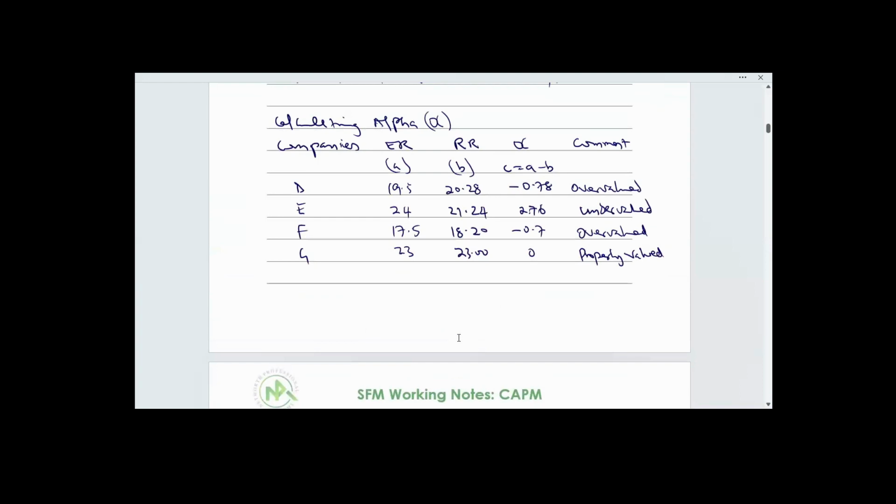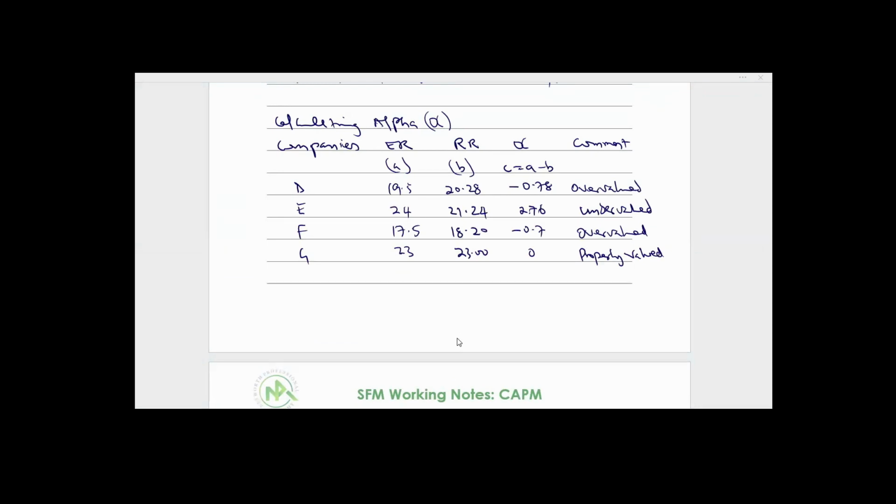Number one, my recommendation should be that for Dashing PLC and F, what's the full name of F? F is Fantastic. Okay, Dashing and Fantastic.